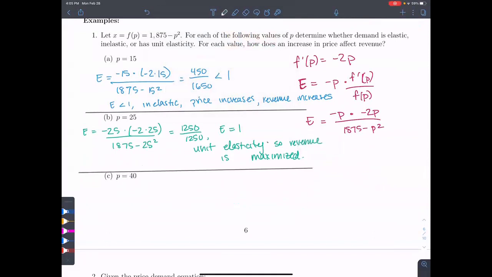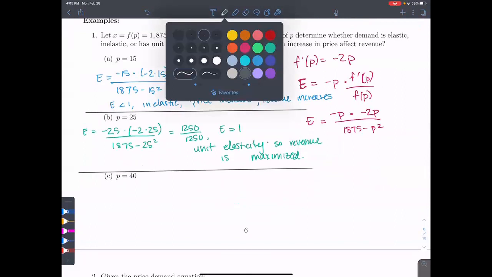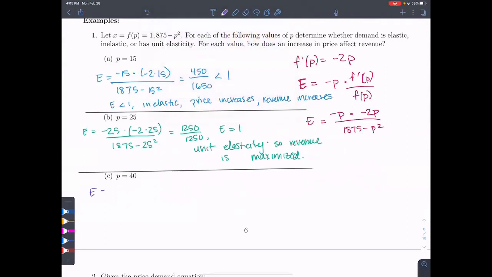All right, and then for P equals 40, we're looking at E is negative 40 times negative 2 times 40 divided by 1875 minus 40 squared, which is 3,200 over 275.